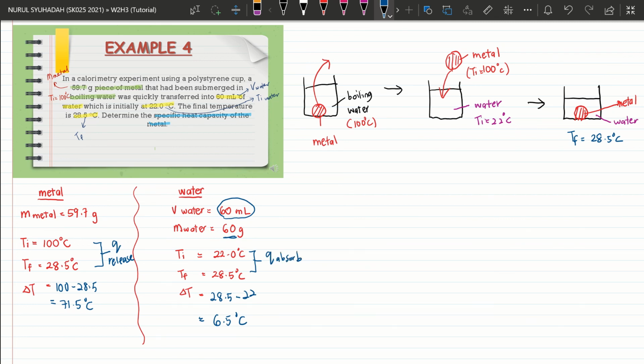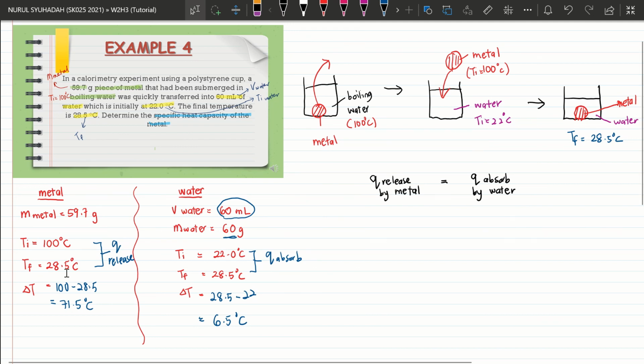After that, we're going to write down our equation. Q release by whom? Q release by metal equals Q absorbed by water. Analyze what information we have here.